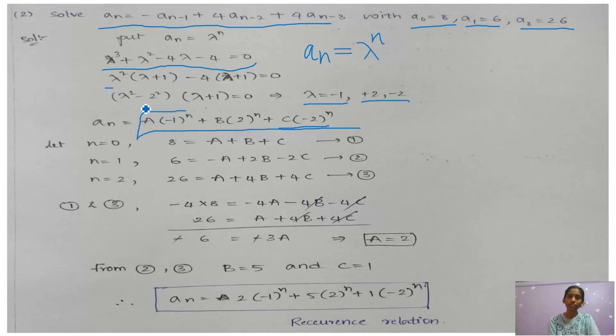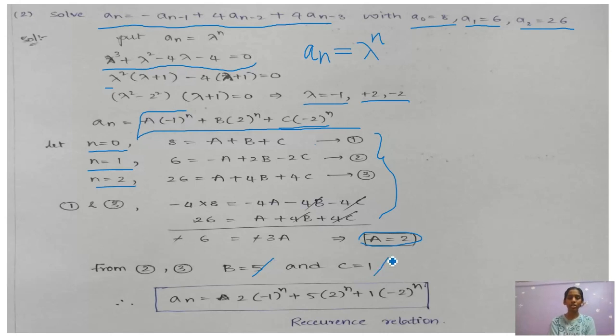For that, in the question a0, a1 and a2 values are given. So we'll be keeping n as 0 first, and then n equal to 1, and then n equal to 2. We'll be getting the respective equations as 1, 2 and 3. By solving all these three equations, we'll be getting a as 2 and b as 5 and c as 1.